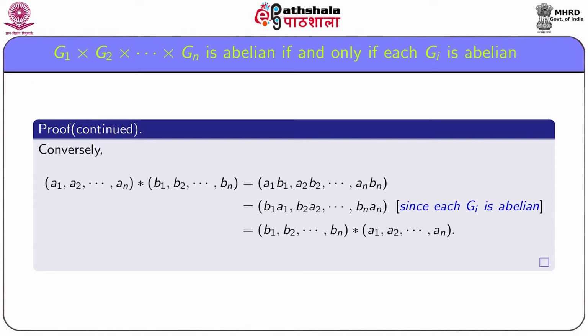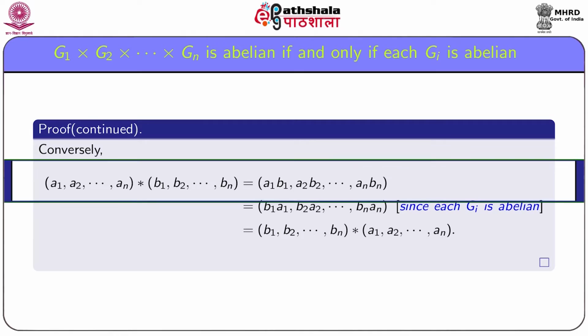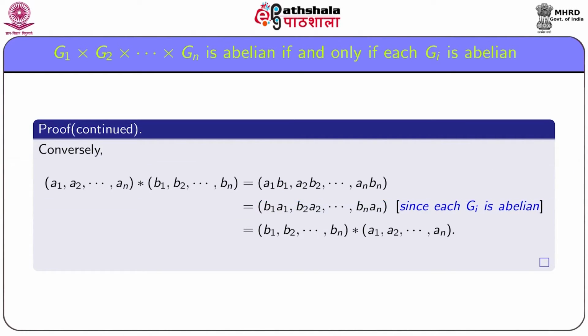And for the converse, consider two arbitrary elements from the Cartesian product and consider the product (a1, a2, ..., an)(b1, b2, ..., bn), which is equal to (a1b1, a2b2, ..., anbn).